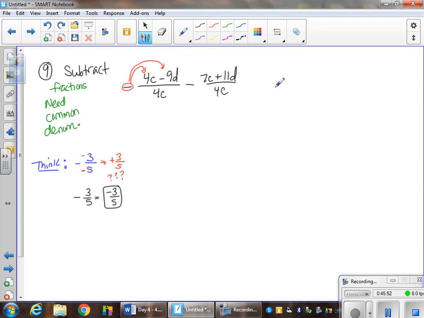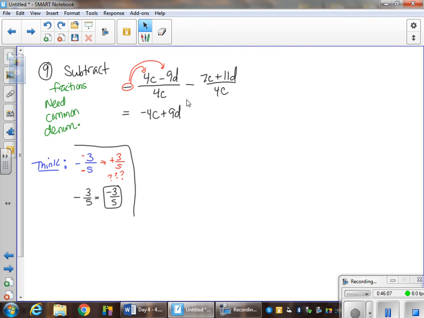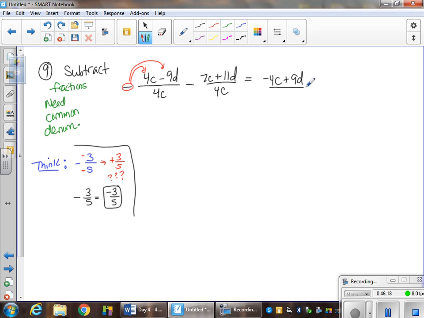So, back to our question. I now have -4c, negative times positive, plus 9d over 4c. Now here, be careful. This is what messes everybody up.